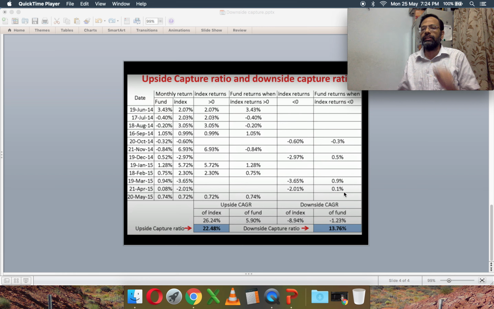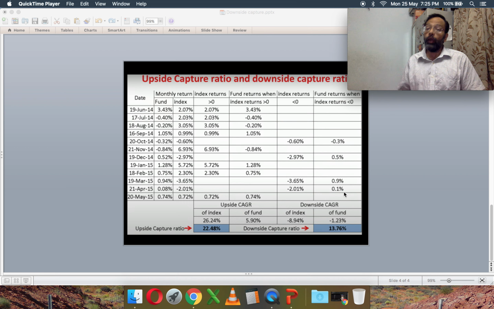Typically, a fund which tries to do well when the benchmark does well, that is a fund which has got an upside capture of greater than 1 or greater than 100%, typically does not have a good downside capture of less than 100% or less than 1. But it's easier to find funds with less than 1 downside capture.